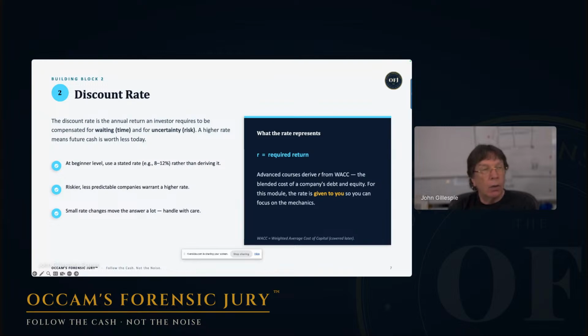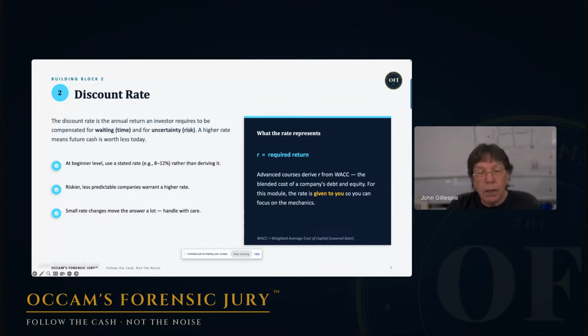So our discount rate. The discount rate is the annual return an investor demands for two things: one is waiting, and two is uncertainty and risk. No investor puts in their money without expecting to get more money back. And the higher the risk, the higher the discount rate. If it's higher risk or less predictable cash, you're going to have a higher rate and a lower present value.